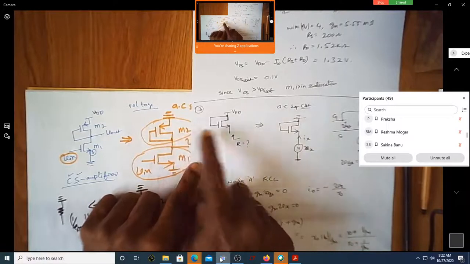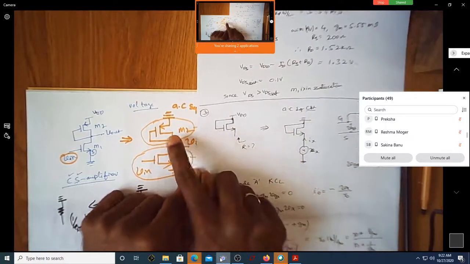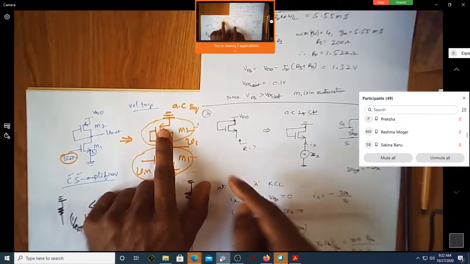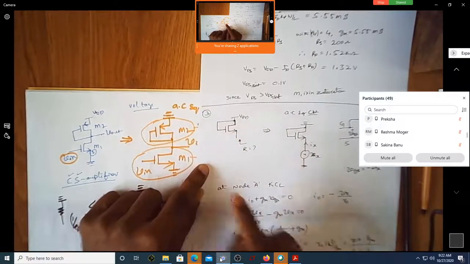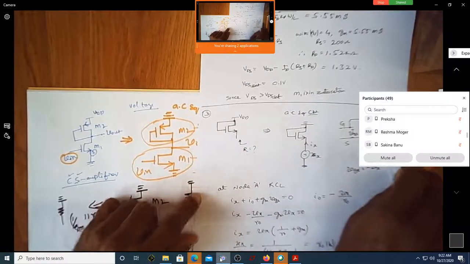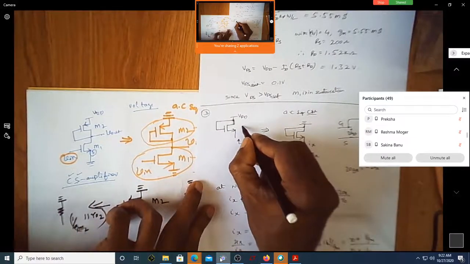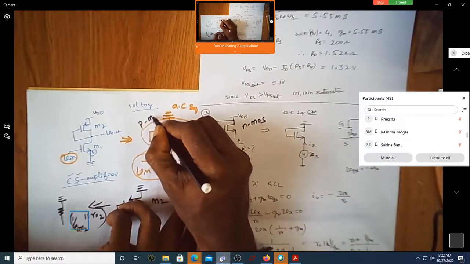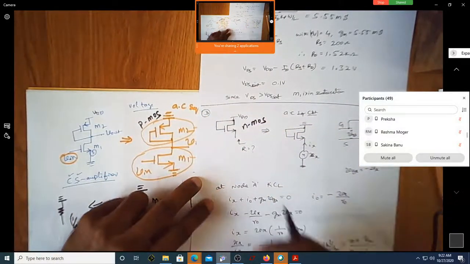The only difference between this and this is what I shared. This is PMOS, this is NMOS, because you can see here the source is entering here. Am I correct?